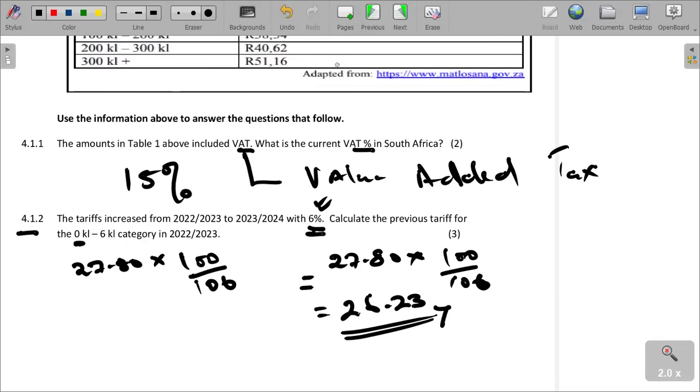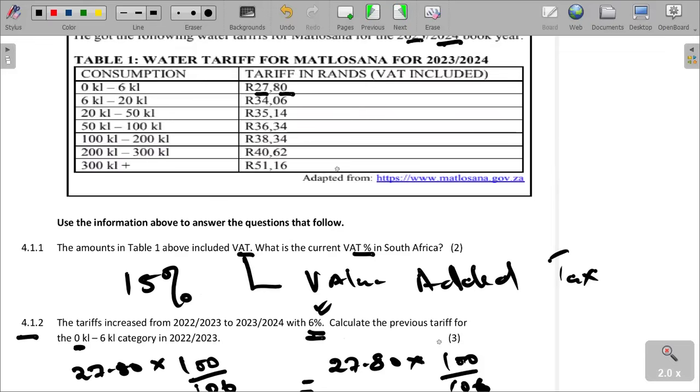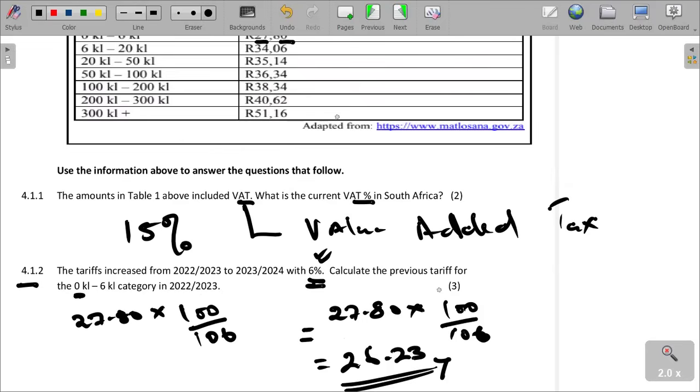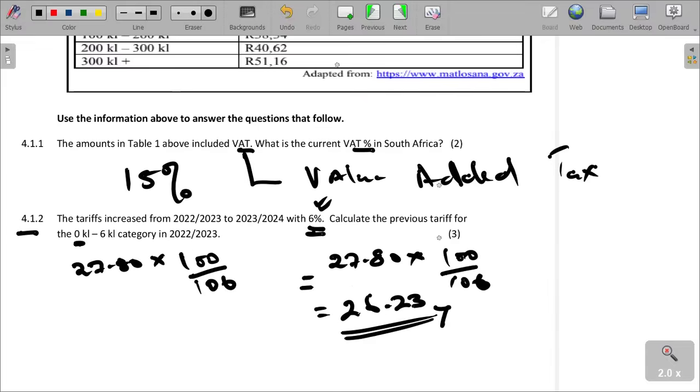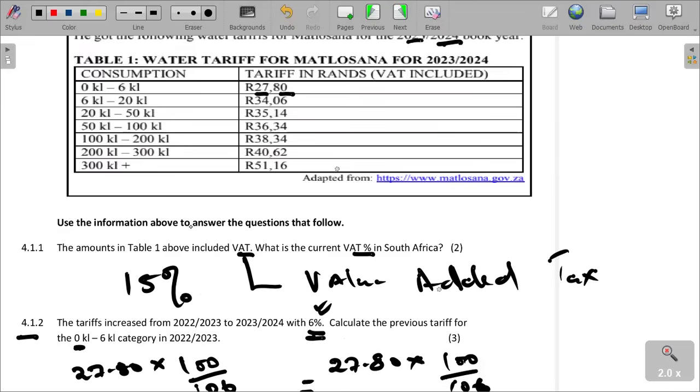Listen, class, what we are saying is that the 27 rand 80 increased by 6% from what was there. You need to understand that the previous tariff for the same kiloliters in 2022-2023 is what we calculated.